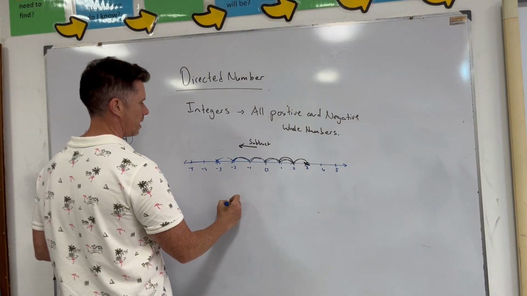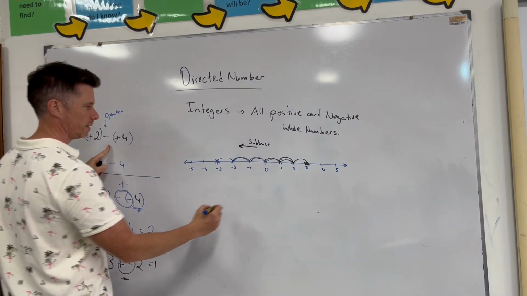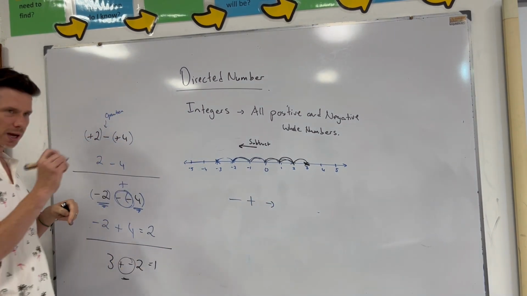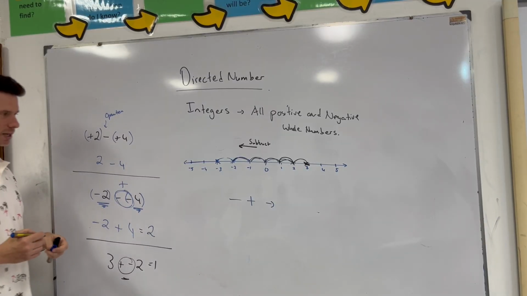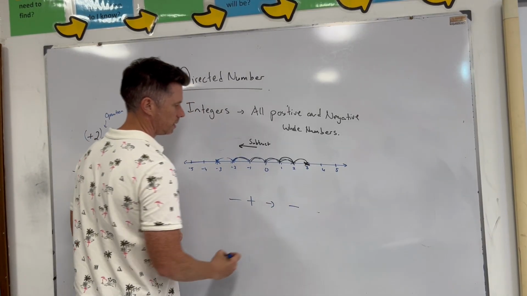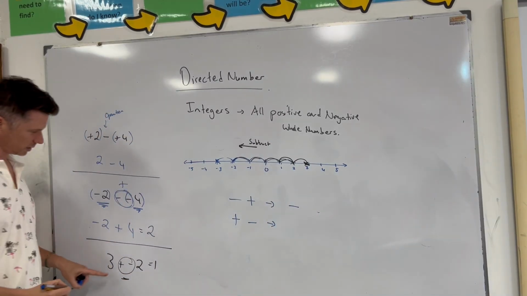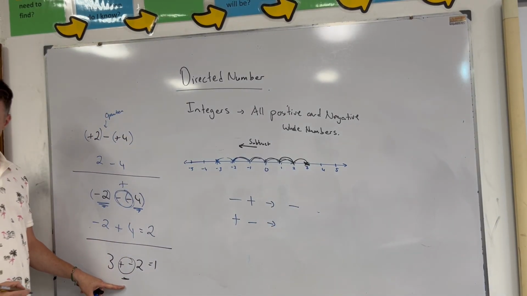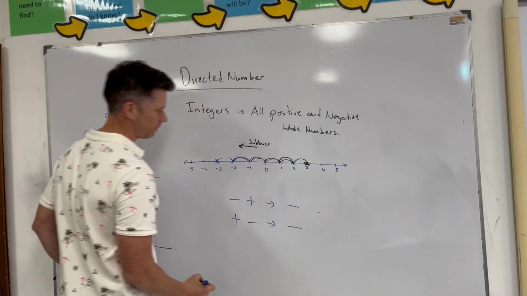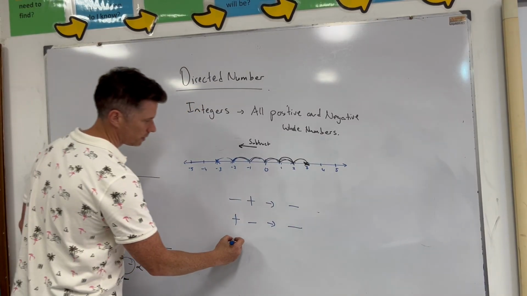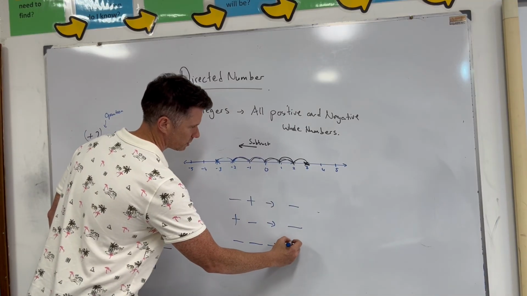So if I see a minus then a plus, I can rub that out and replace it with a minus. If I see a plus and a minus, it translates to a minus. And if I see 2 minuses in a row, double negative, it translates to a plus.